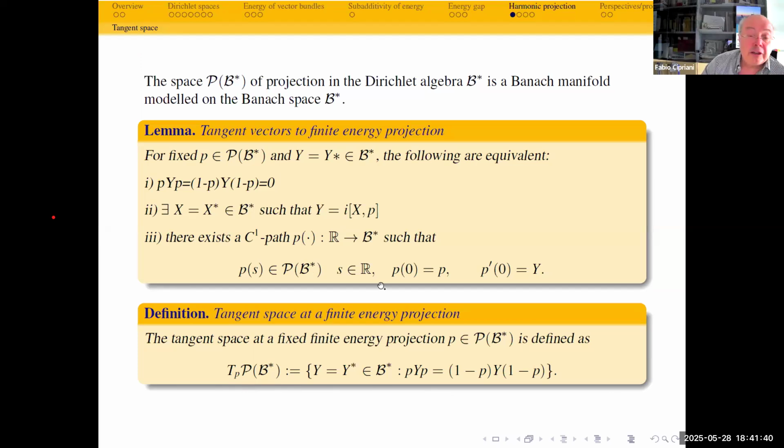Now, if the stabilization would be done with a finite dimensional Hilbert space, so tensorizing with matrices, then B star would be an honest finite dimensional manifold.